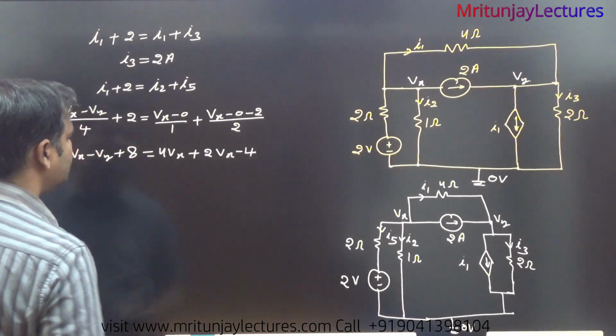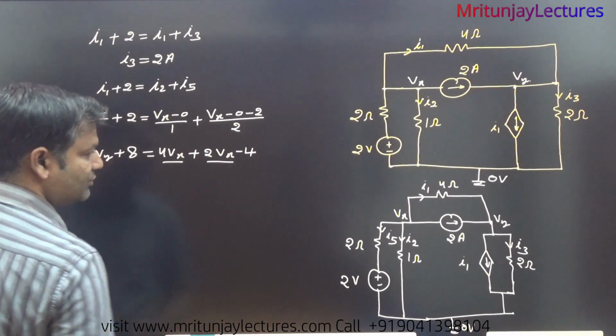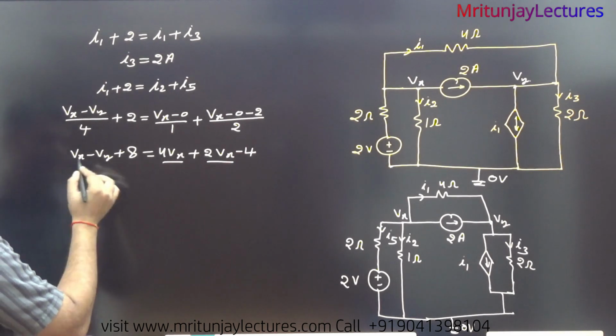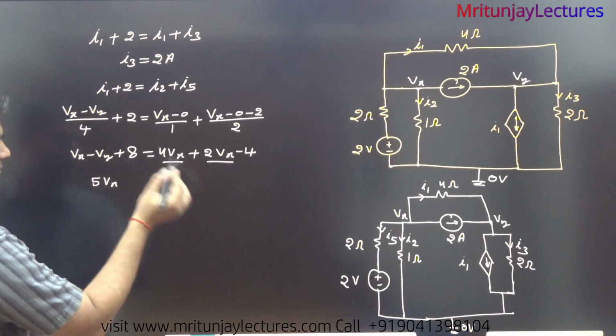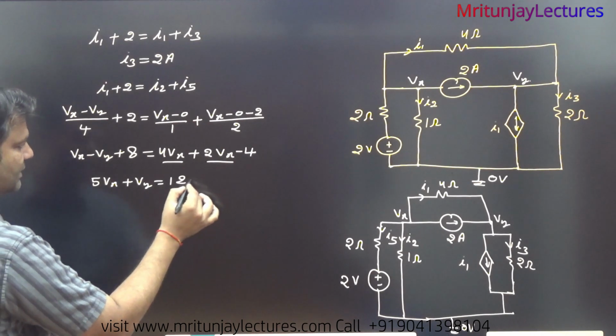So that is 4x plus 2x, that is 6x, 6 minus 1, that is 5Vx plus Vy is equal to 12, equation number 1.